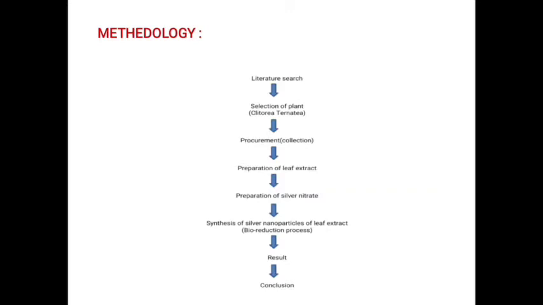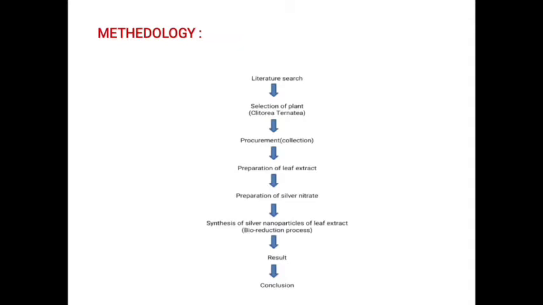Methodology. The process followed in methodology is: the first step is literature search, on the basis of which the suitable plant is selected. The second step is selection of plant, which in our case is Clitoria ternatea. Thus, for the experiment, we need to procure the sample plant, which is the next step, called collection and procurement of the plant.